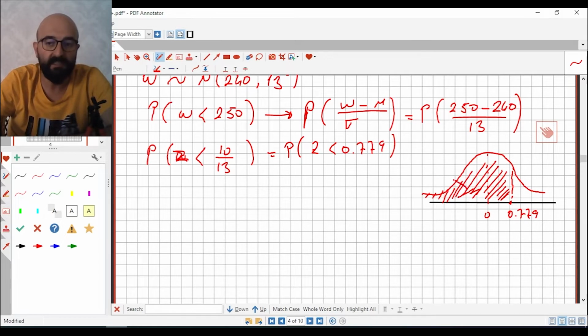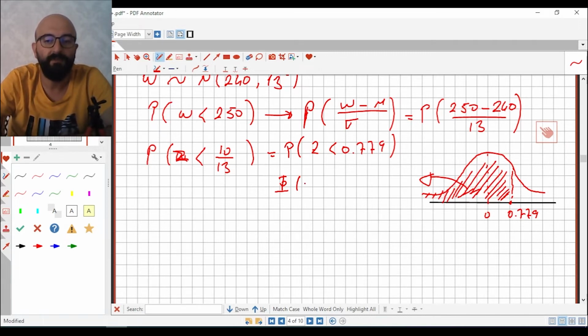So it's a big area, and when you look at the Z table and find 0.779, you can see the big area value.